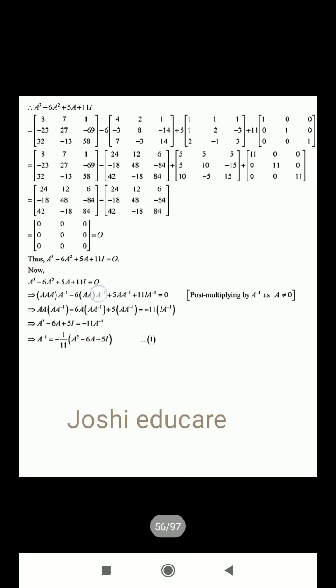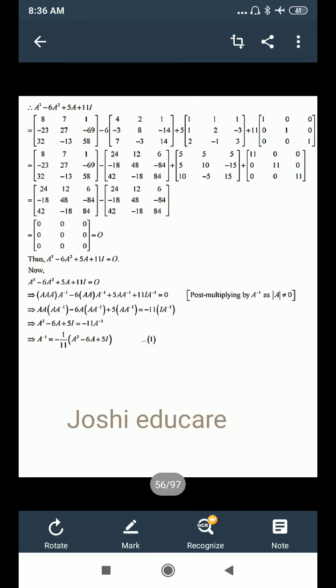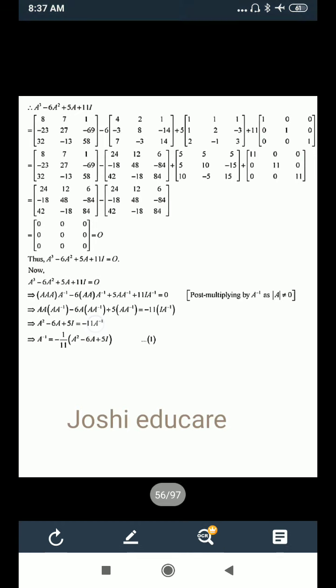This A into A inverse is I. This term is also 5A into A inverse. This is identity into A inverse. This thing will write A inverse only. This will write I only. In this also, this will write I only. This is also I. So it will remain A square minus 6A plus 5I equal to minus 11A inverse.